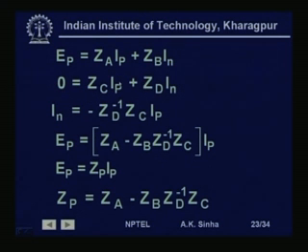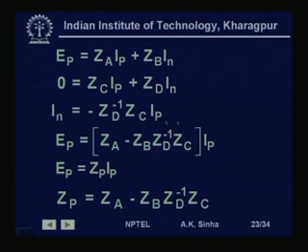Now, we pre multiply both sides by Zd inverse. So, we will get In is equal to minus Zd inverse Zc into Ip, and therefore, putting this In in the first equation, we will get Ep is equal to Za into Ip minus, because this minus term is coming, Zb into In.